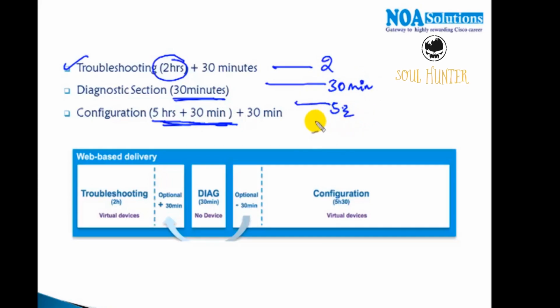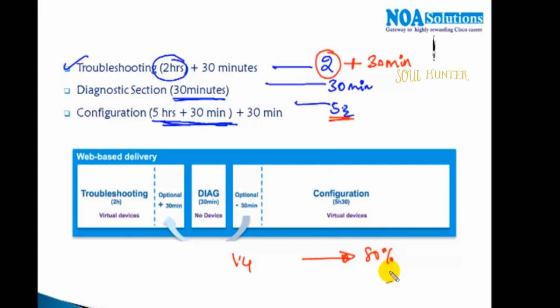Now there is one major change in the new version. In version 4, the troubleshooting section was 2 hours and the configuration section was 6 hours. Now in the troubleshooting section, you can get an additional 30 minutes if you want. Let's say I'm working on some questions and I'm done with 80% of the troubleshooting section in the given 2 hours, and I need some extra time.